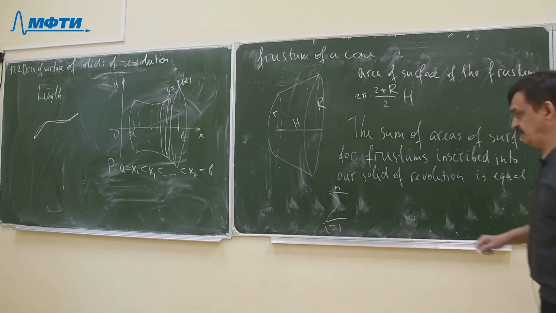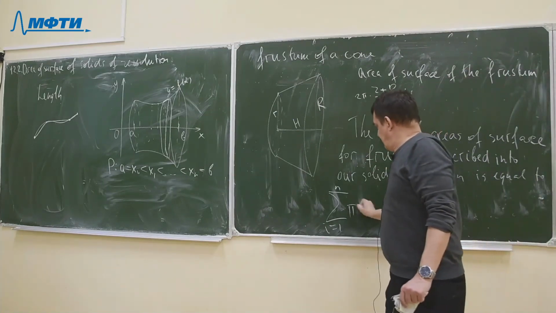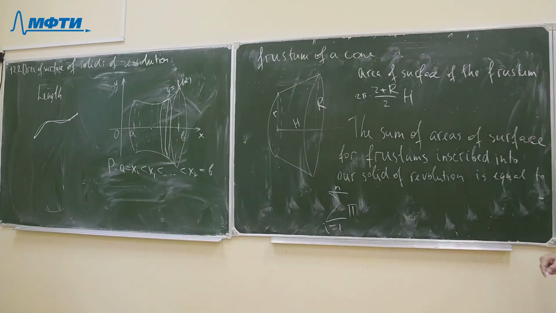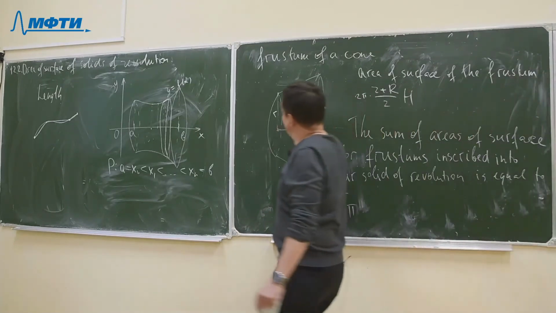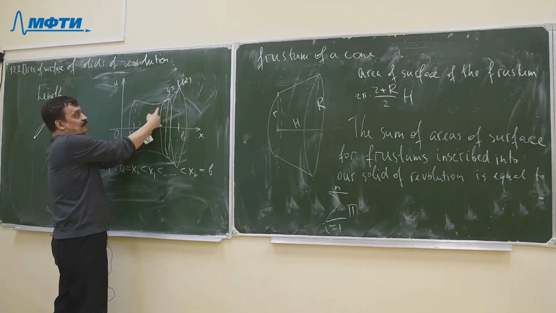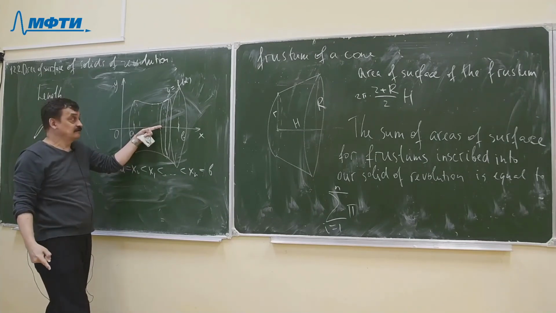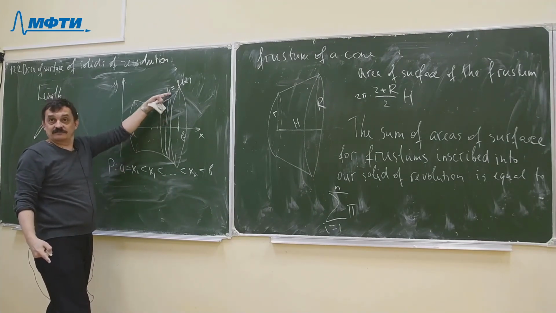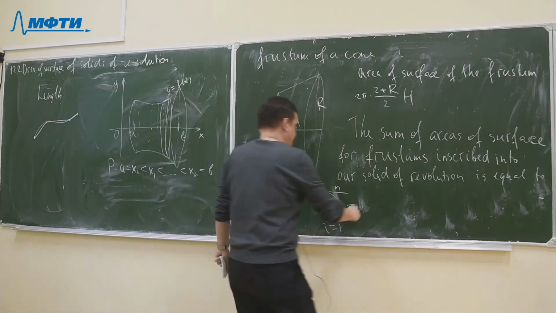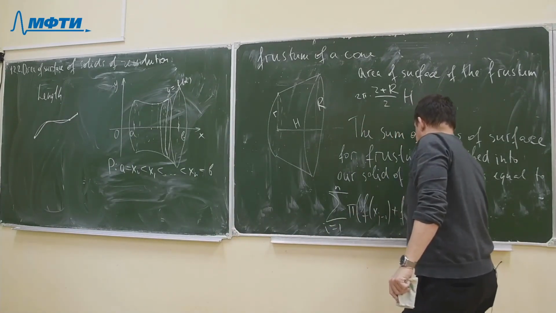So what we have, pi times, look, what are little r and capital R here? They are values of our function, right? At which points? xj minus 1, xj. So, f of xj minus 1 plus f of xj.